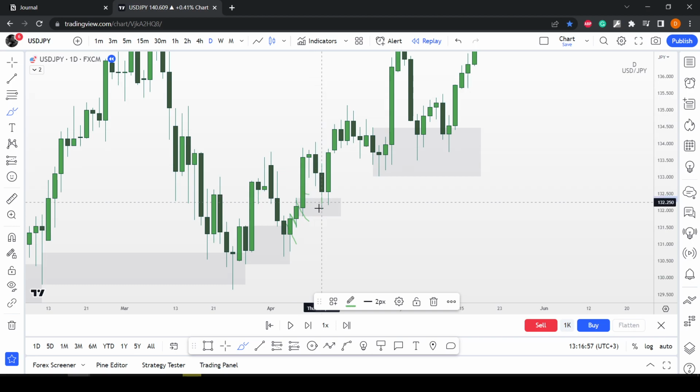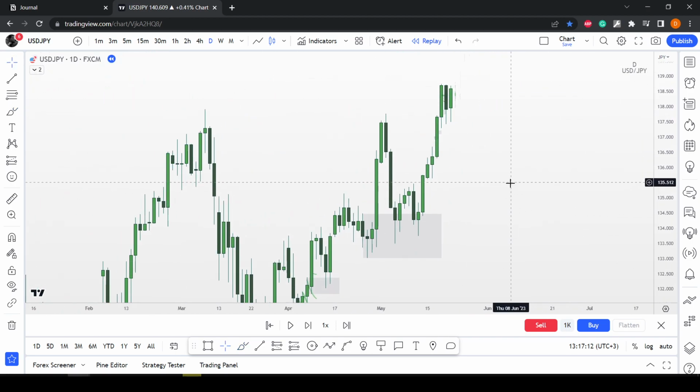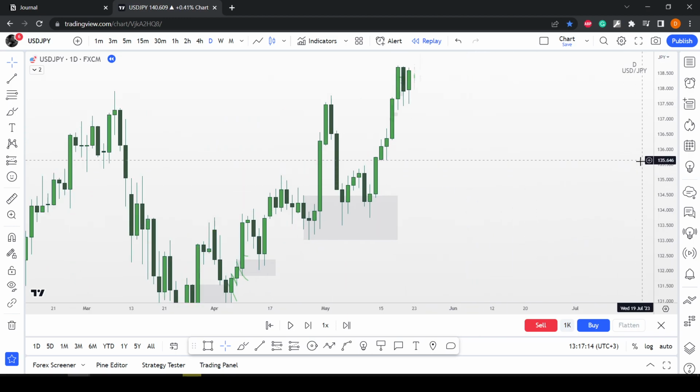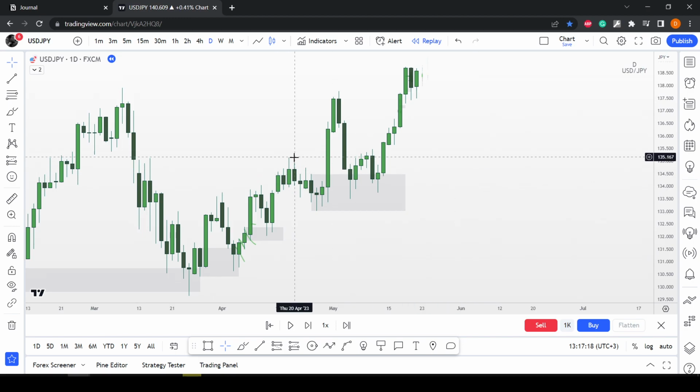Now imbalance came to mitigate this last portion of a chain here, and last portion of a chain here, and now fractal one. So this is from a standpoint of chain, and of course from a standpoint of classical structure, then we just have this shift to the upside, and that's all.